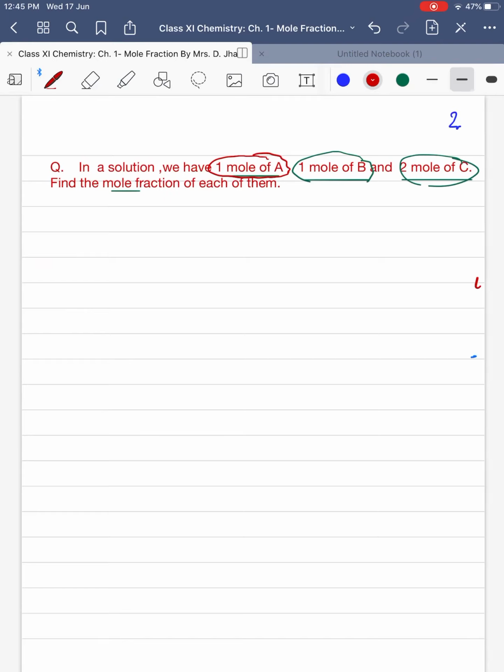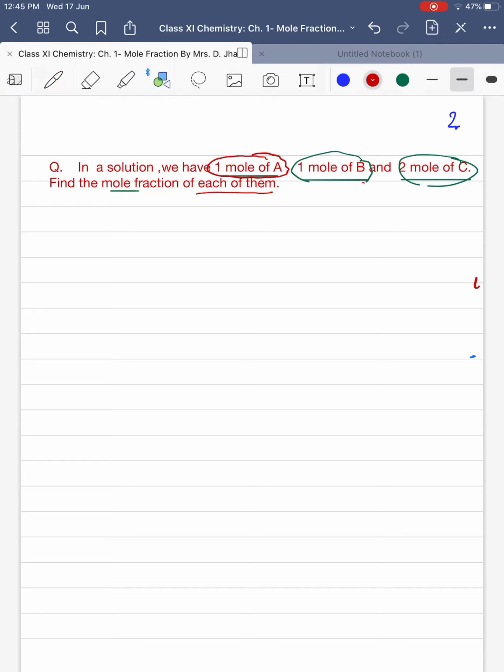Won't it be proper to solve some numericals to understand these in a much better way? In a solution, we have 1 mole of A, 1 mole of B and 2 moles of C. Find the mole fraction of each. So let us try to understand this numerical through a diagram.